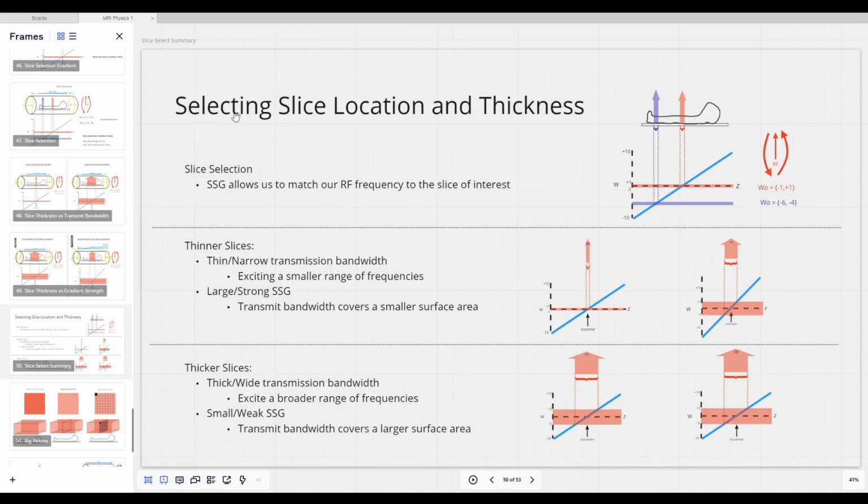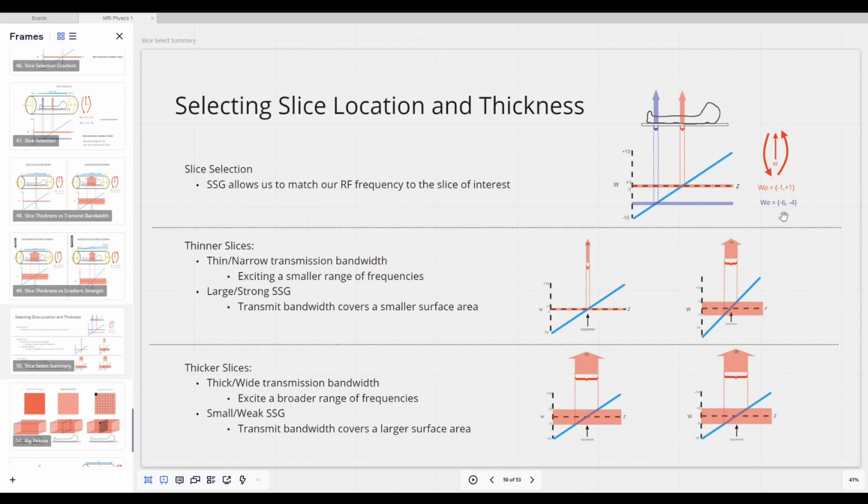Okay, so this is sort of summarizing what we just talked about. So we talked about selecting slice location and thickness of our slices. So slice selection, our slice selection gradient, which was those yellow coils, that gradient that we induced across the patient. Slice selection gradient allows us to match our frequency to the slice of interest. And that's this right here.